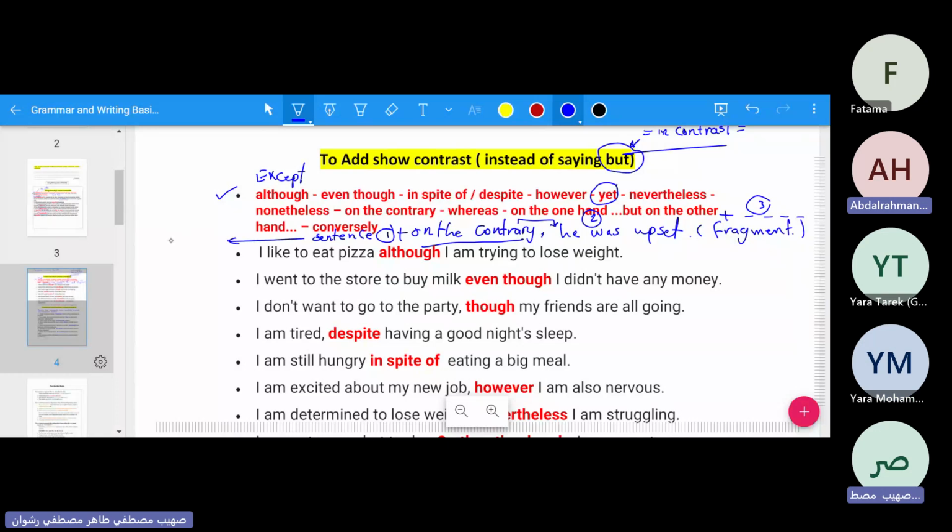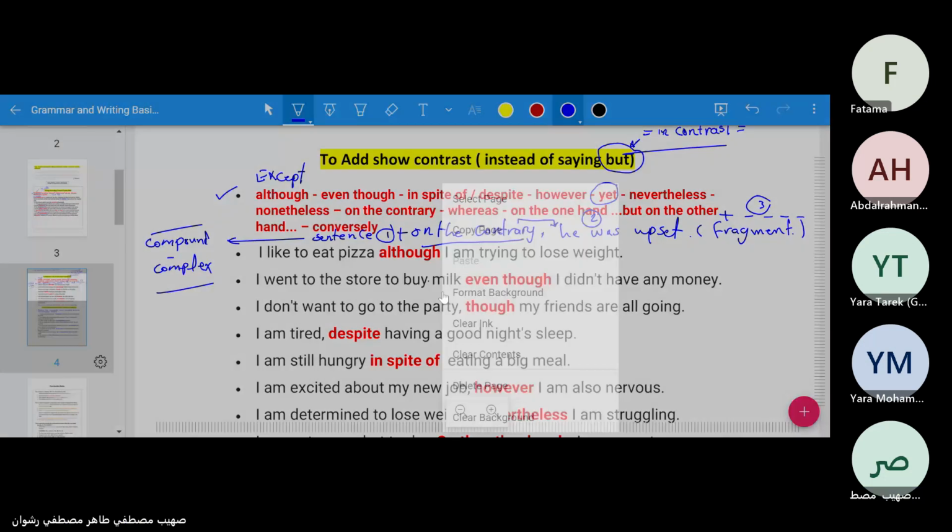So it wouldn't be wrong, right? No, it's correct, as long as it's meaningful. Yes, it must be meaningful, and the three sentences must be related to each other. Okay? You got me, Abdurrahman?